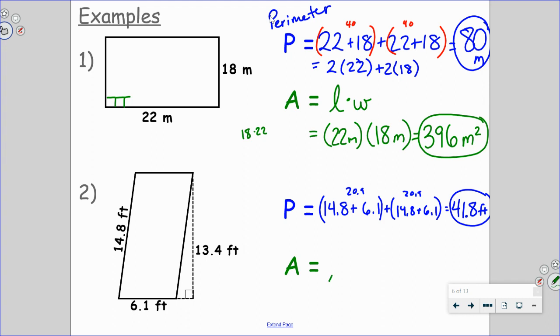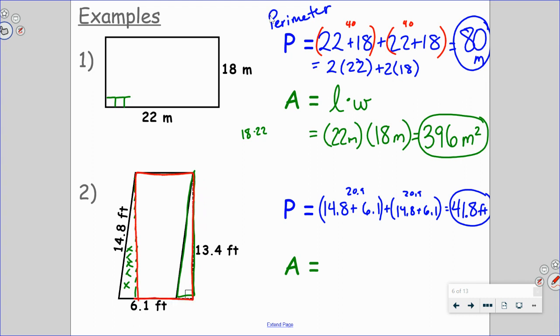Area, ladies and gents, is not a length and a width. However, I'd like you to notice something, and maybe your teachers have already talked you through this. If I were to cut this out and transport it over here, now you will see a rectangle.